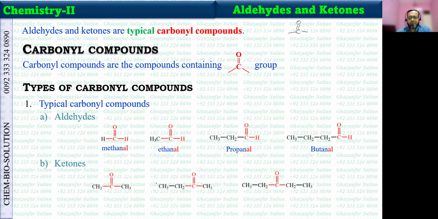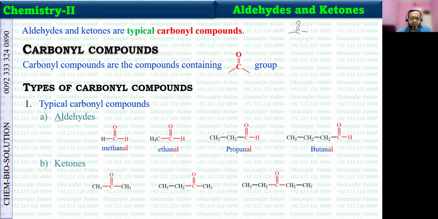So it can never be on the first position, it can never be on a terminal position. This ketone has 3 carbon atoms, this has 4 carbon atoms, this has 5 carbon atoms.